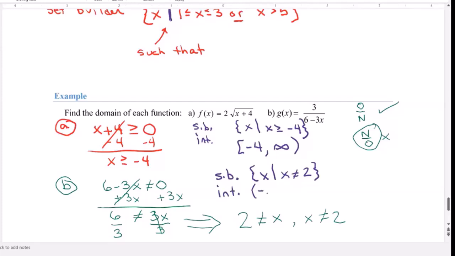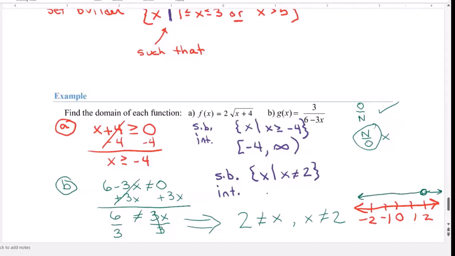Actually, the best way to do this, here, let me explain the best way to do these. Because sometimes people get confused. So I always say, just draw a number line. 0, 1, 2, -1, -2. And I'm going to actually just draw above the line. So I have a hole at 2, and it goes to infinity and to negative infinity.